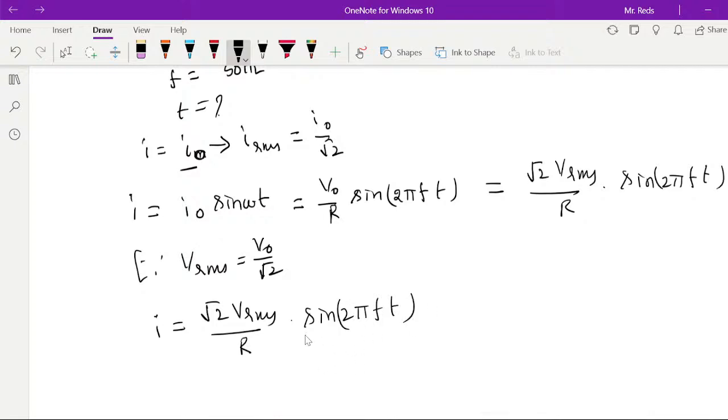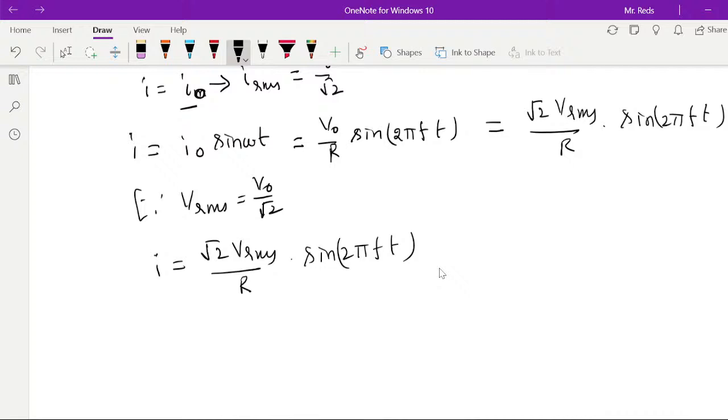So what are we asked to find? When I changes from the maximum value to the RMS value, how much time does it take for the current to change from this value to this value? That is the question. At some instant it is maximum, then it is changing from this to this.